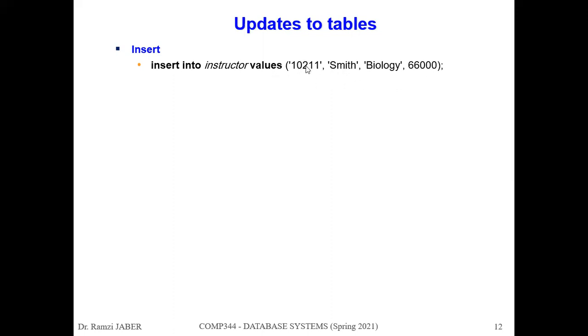This is ID, character 5, between single quotes, comma, name between single quotes, comma, depart name, also varchar between single quotes, comma, salary, yearly salary will be a number. The instructor ID in this example is char 5, it's not an integer. That's why we put single quotes here.